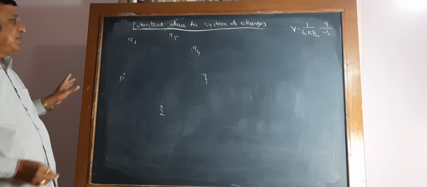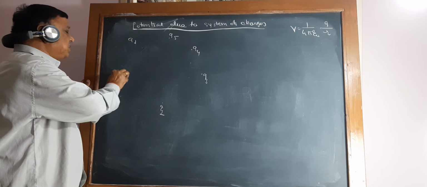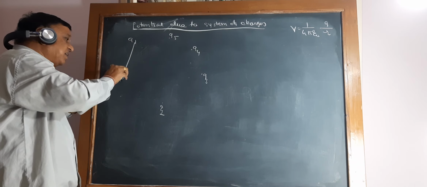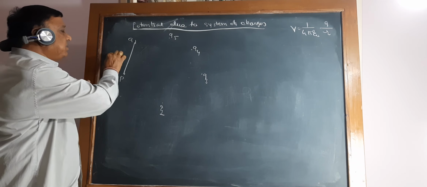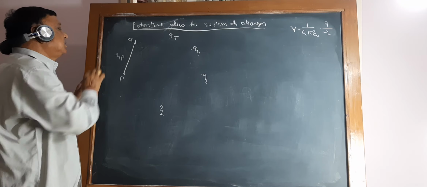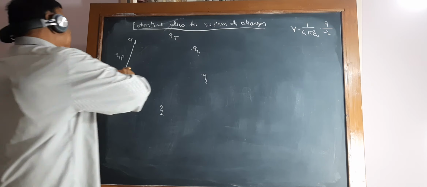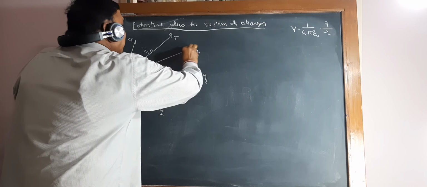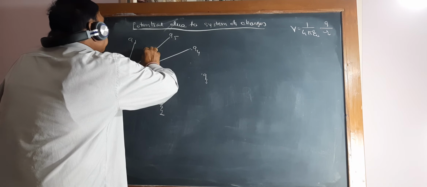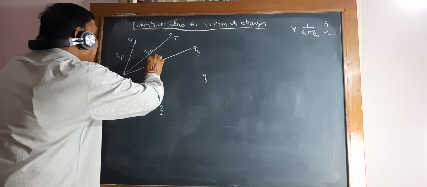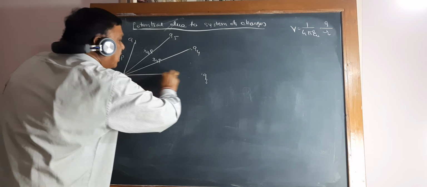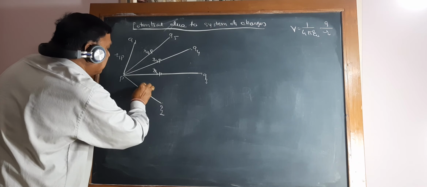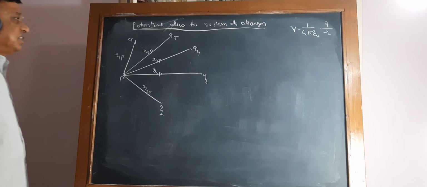P is the point where potential is to be found. Then the distance between Q1 and P is R1P, and similarly R5P, R4P, R3P, R2P are their distances.